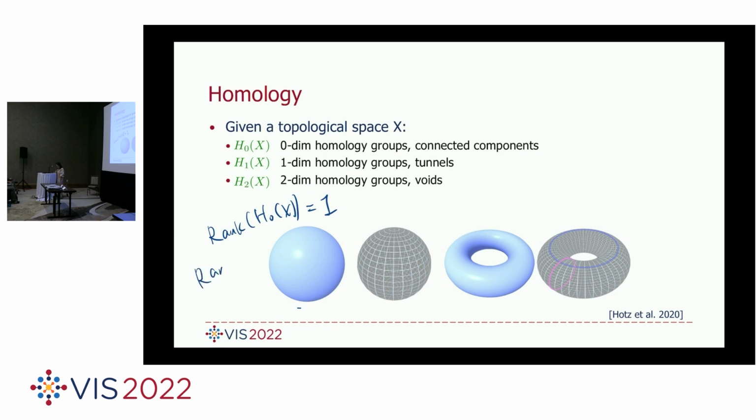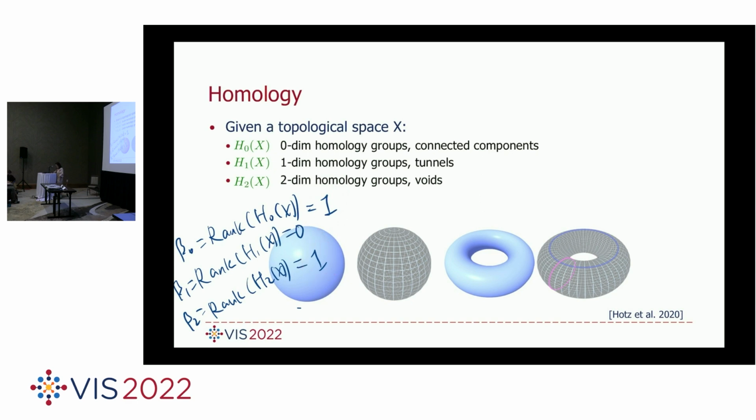The rank of one-dimensional homology is 0 because it does not have any tunnel, but the rank of the two-dimensional homology is 1 because it has a void. The rank is also sometimes referred to as the Betti number. So this is Betti 0, Betti 1, Betti 2. If you think about this balloon, it has one component, so Betti 0 is 1. It has one void, so Betti 2 is 1.